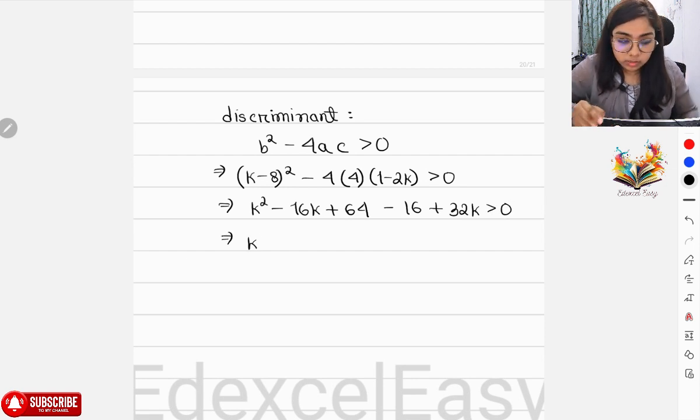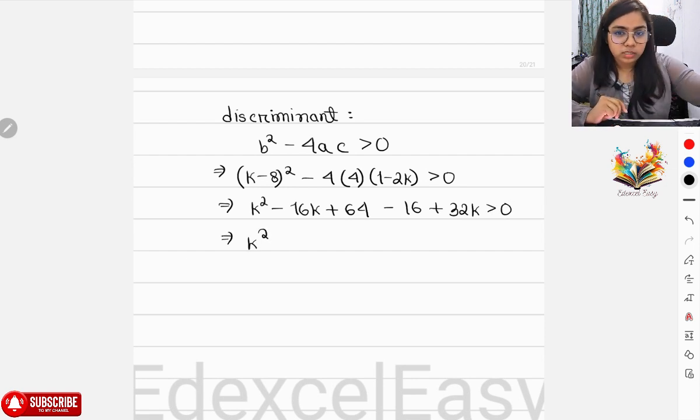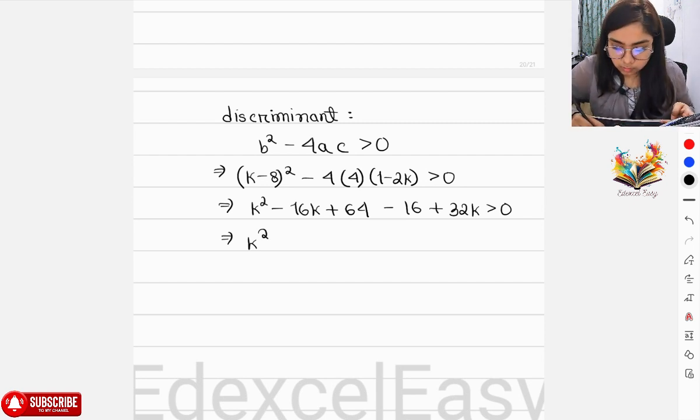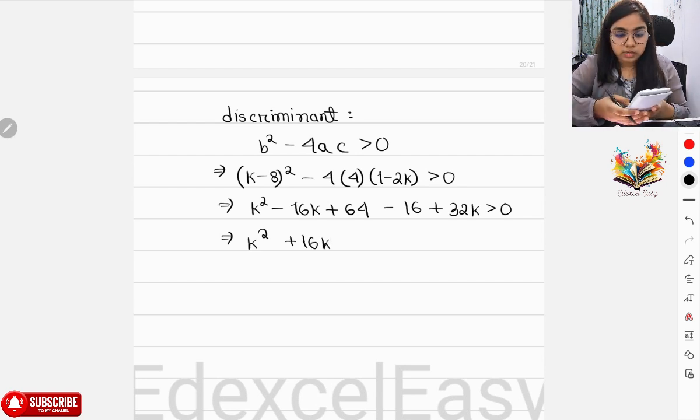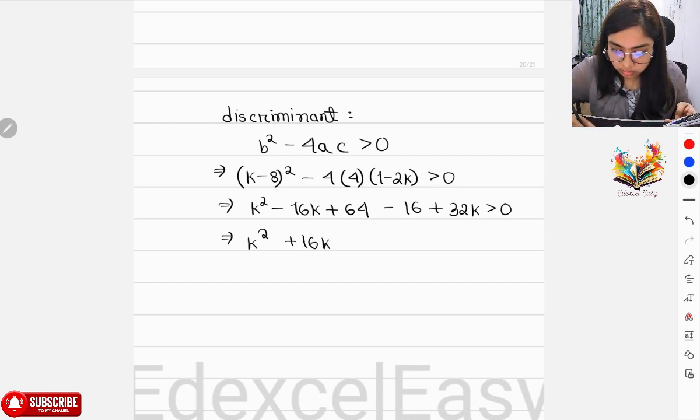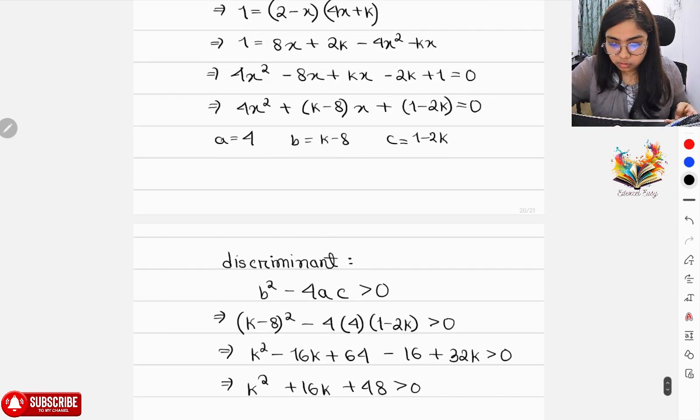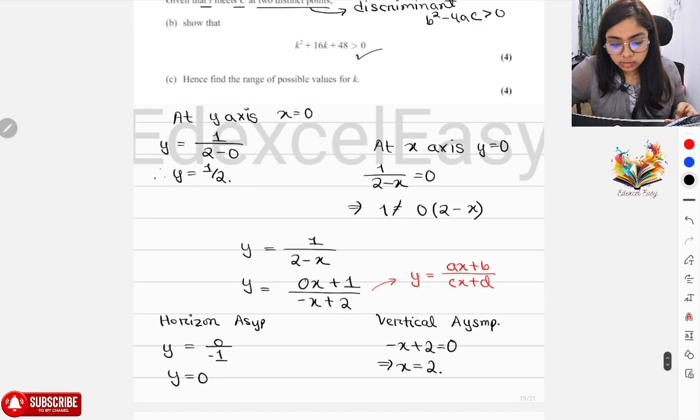Finally, we can write k squared plus 16k plus 48 greater than 0, since 64 minus 16 is 48. If I'm not wrong, this is the equation that they were asking.